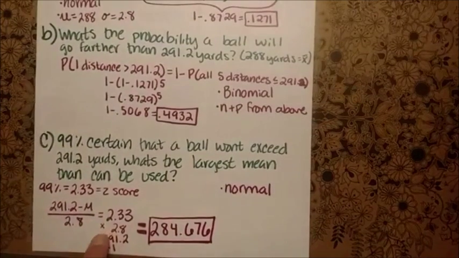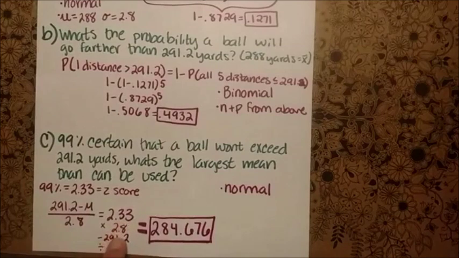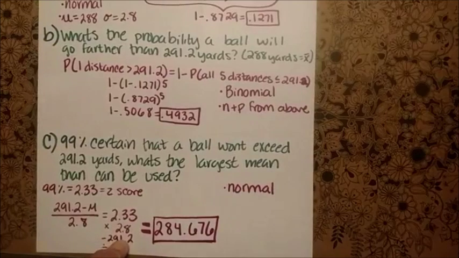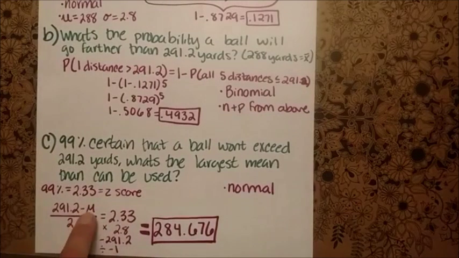You would first times 2.33 times 2.8, and then minus 291.2, and then divide by -1 to get rid of that negative sign, and then you would get 284.676. And that would be the highest mean that can be used, but it won't exceed 291.2 yards. So yeah, there's my Quideo.